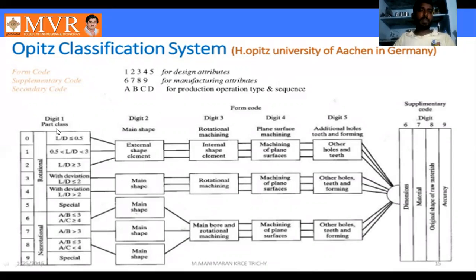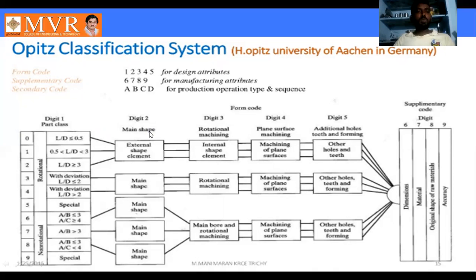Part classes are nothing but the dimensions and everything, whether it is rotational or not rotational, with deviation or without deviation. The total process is going on in digit one, part classes.